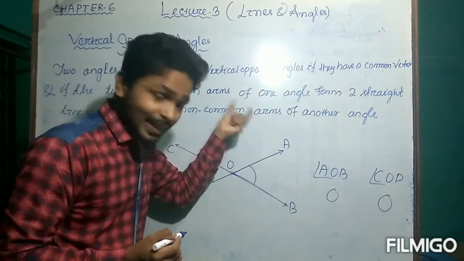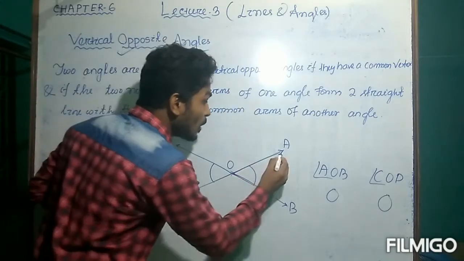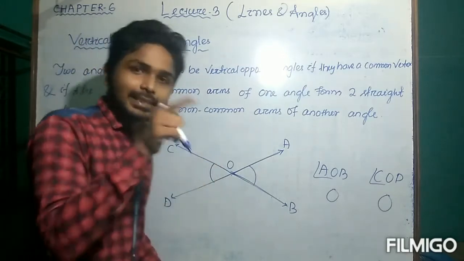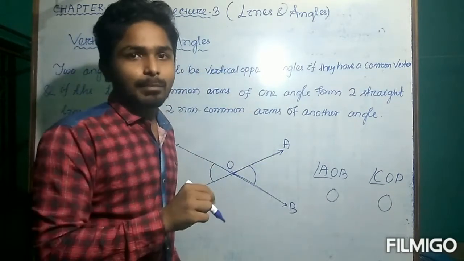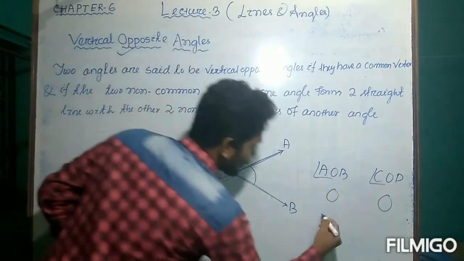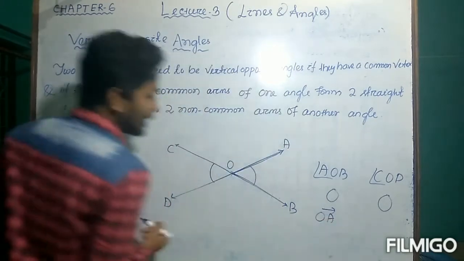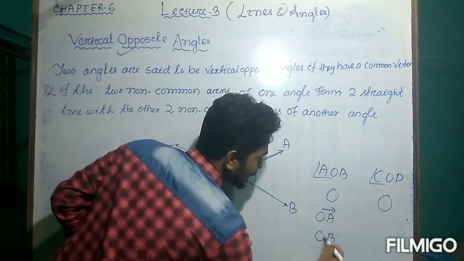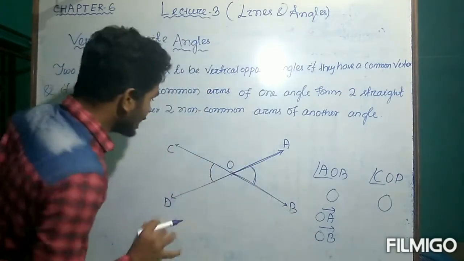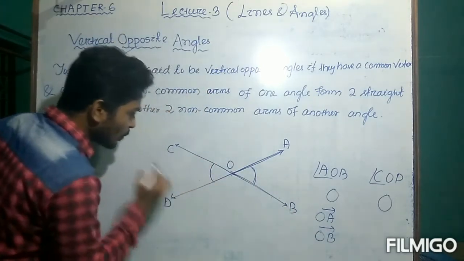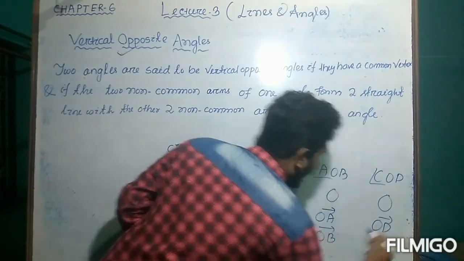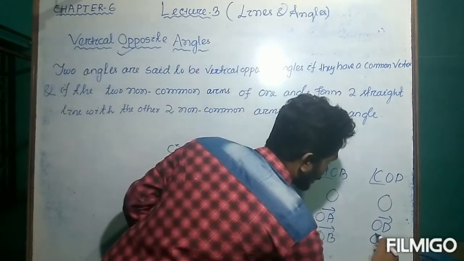So the second condition is that the two arms of one angle form straight lines with the two arms of the second angle. This is the arm OA, and this is the arm OB. These two arms are for the angle AOB. Similarly for the angle COD, OD is an arm and OC is another arm.